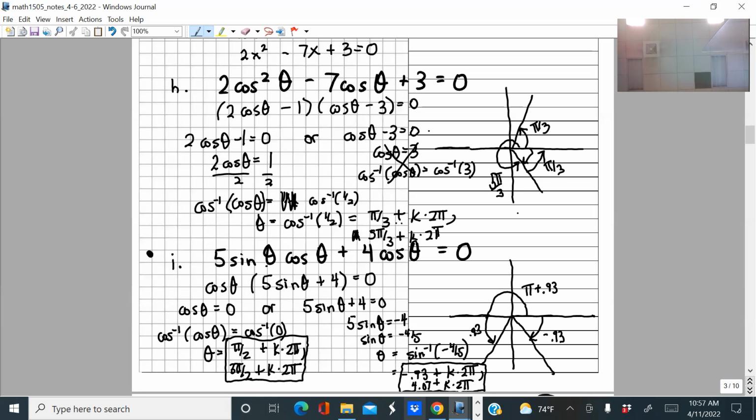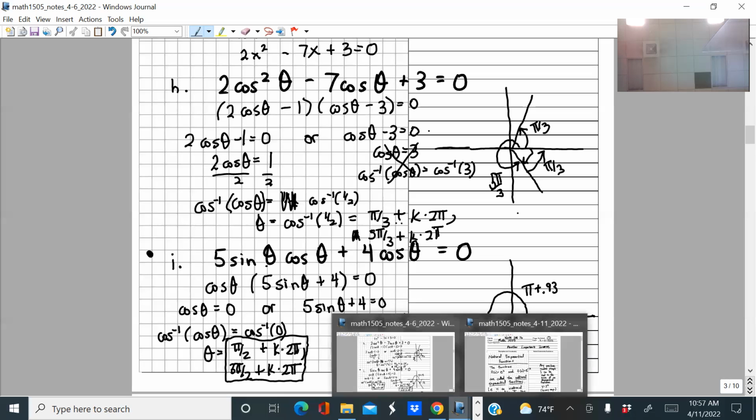Now, you won't use parentheses. You may have to separate with commas. So you might have pi over 2 plus k times 2 pi, comma, 3 pi over 2 plus k times 2 pi, comma, etc. Have to read the instructions really carefully. But you don't have to write plus or minus, and you do write k times 2 pi. That's how it shows the answers.